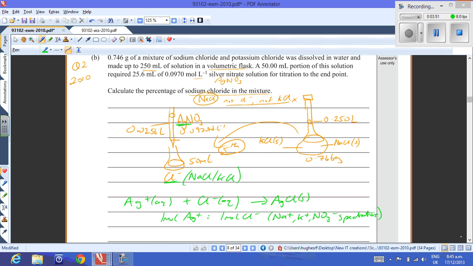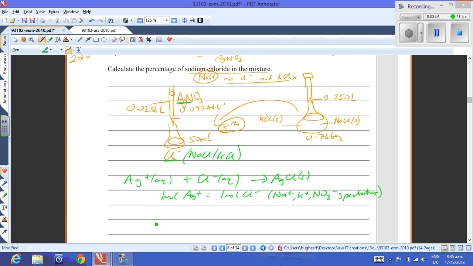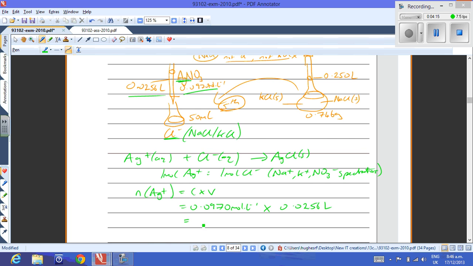If we scroll on down now, we want to work out, first of all, the moles of silver ions, which is equal to concentration times volume. The concentration of silver ions is up here, so it's 0.0970 moles per liter, by the volume needed in the titer, which was here, 0.0256 liters, and that gives us moles of silver ions of 0.024832 moles, which could be rounded and written in scientific notation as 2.48 × 10^-3 moles.